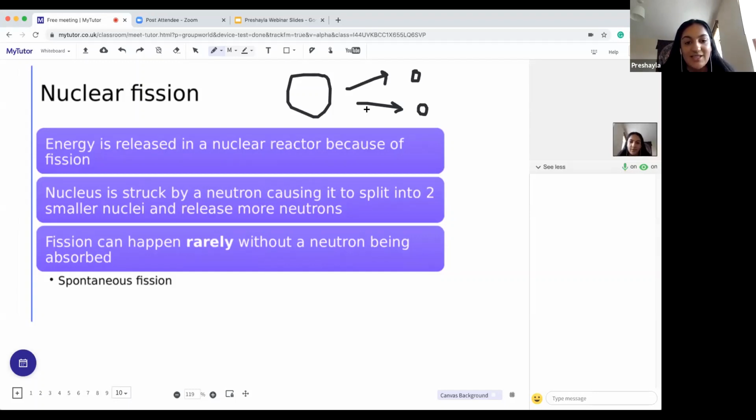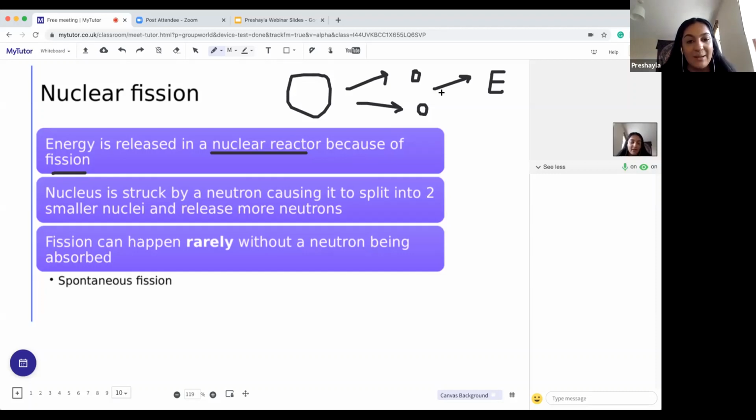Energy is released in a nuclear reactor because of fission. So when we break down this nucleus into two smaller nuclei, we also have some energy being emitted. Not only do we get these two smaller nuclei, we also get some amount of energy which is being emitted.